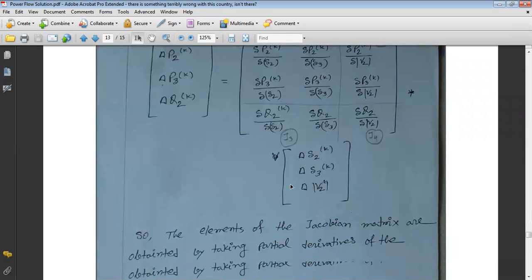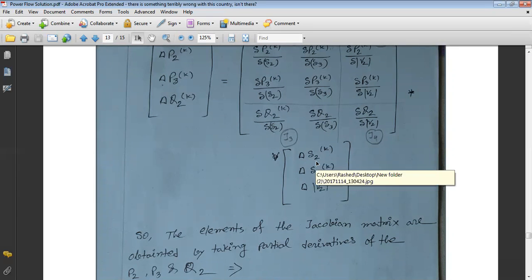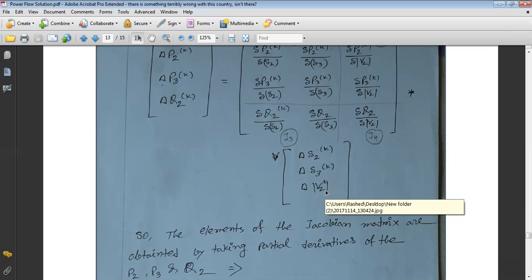And for the correction vector, bus 2 is a PQ bus, so we don't know the angle of bus voltage V2, so that's why delta 2. Next, delta 3. Next, del V2.